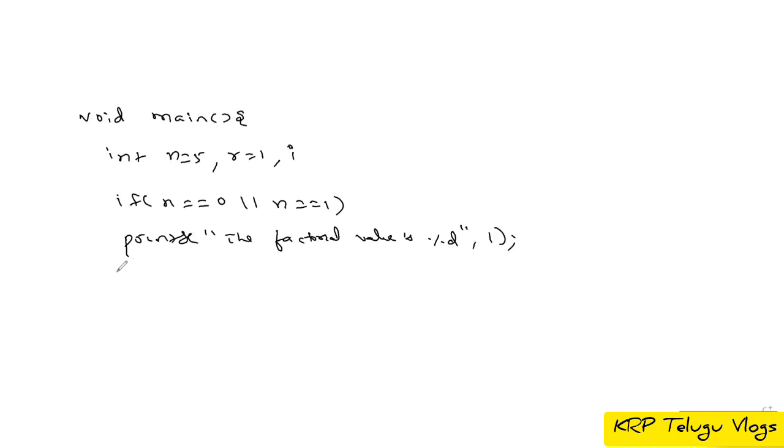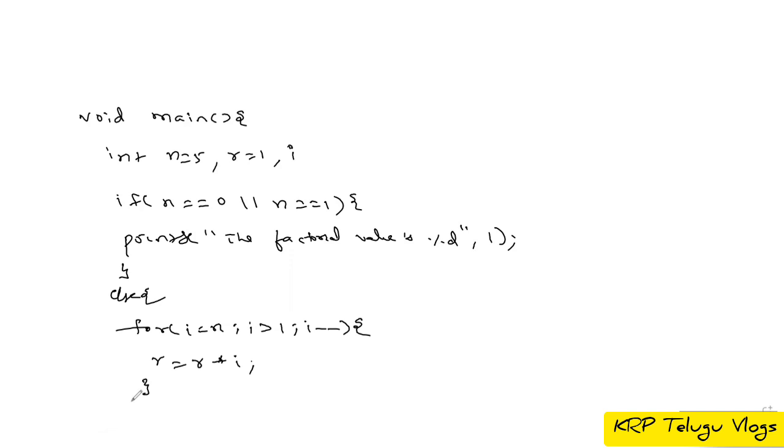Now else, for I is equal to n, I greater than 1, I minus minus. What is the logic we have to write? R is equal to R into I. That's it.